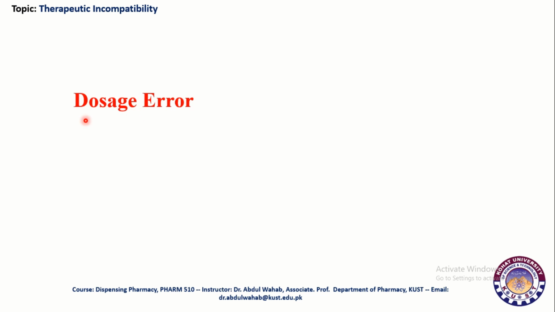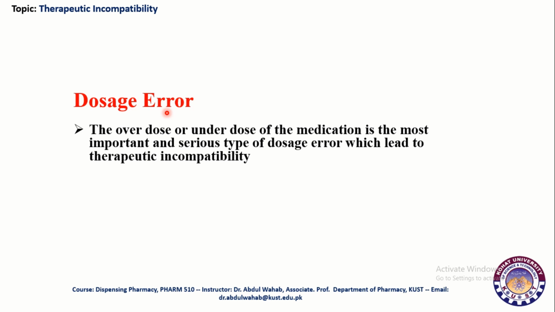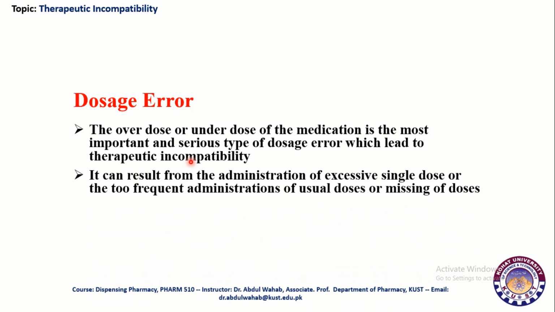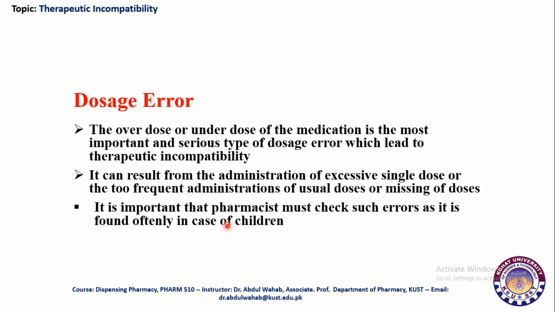If therapeutic incompatibility is due to dosage error, overdose or underdose of the medication is the most important and serious type of dosage error. It can result from administration of an excessive single dose, too frequent administration of usual doses, or missing doses.